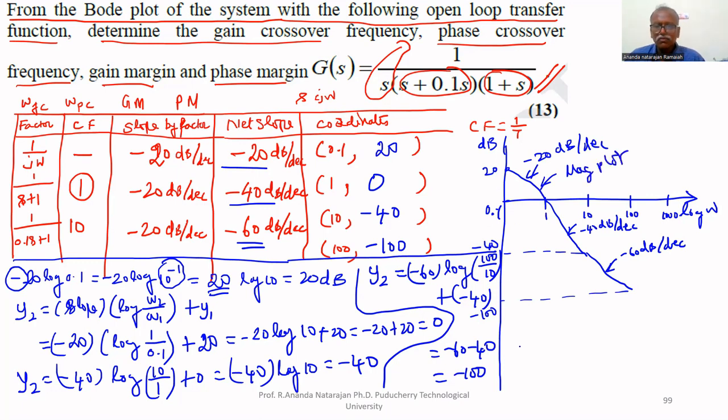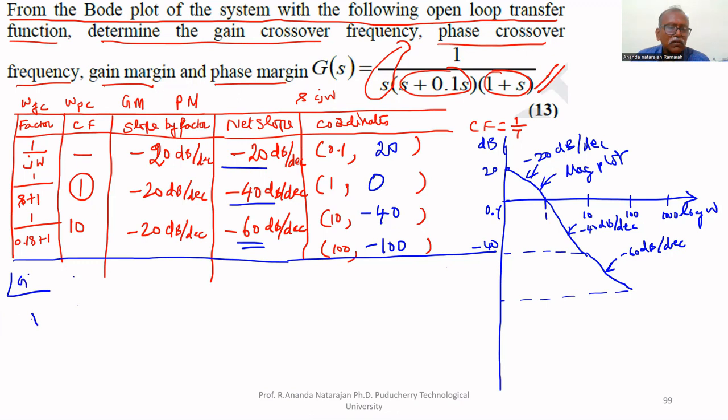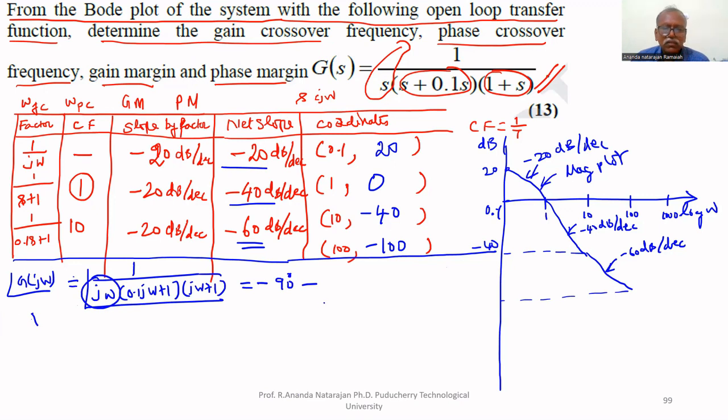Now we have to draw the phase plot. Angle of G of j omega equal to angle of 1 divided by j omega (0.1 j omega plus 1)(j omega plus 1), that is equal to minus 90 degree for j omega, minus tan inverse of 0.1 omega, minus tan inverse of omega by 1.